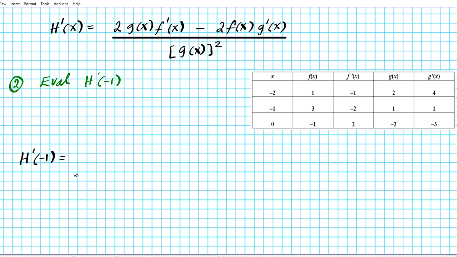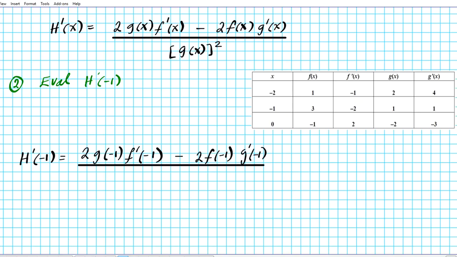Or in other words, replace all the x's with what? Negative 1. Okay, so you have 2g of negative 1 times f prime of negative 1 minus 2f of negative 1 times g of negative 1, sorry, g prime, gotta be careful, g prime of negative 1 divided by g of negative 1 squared.